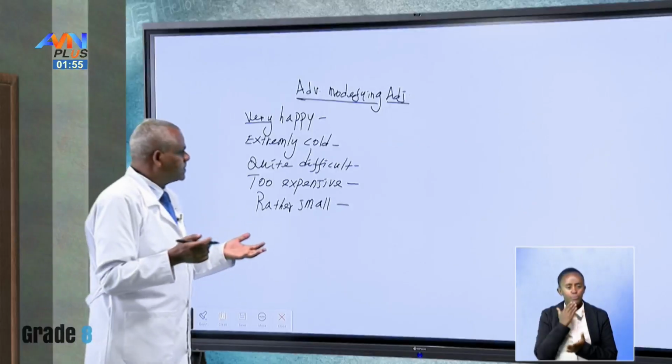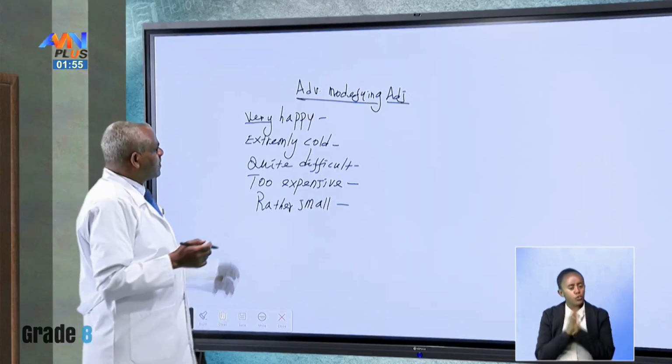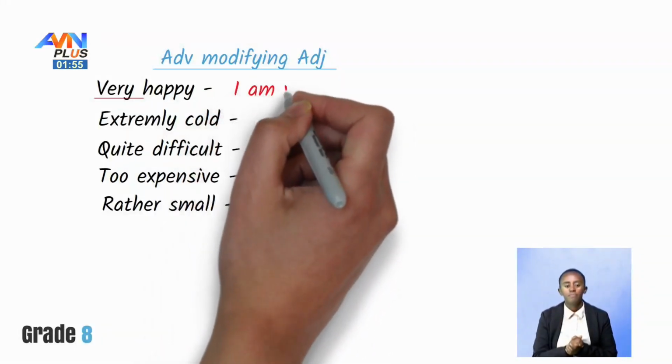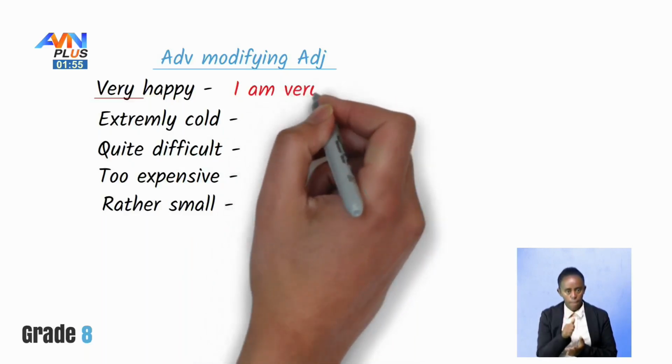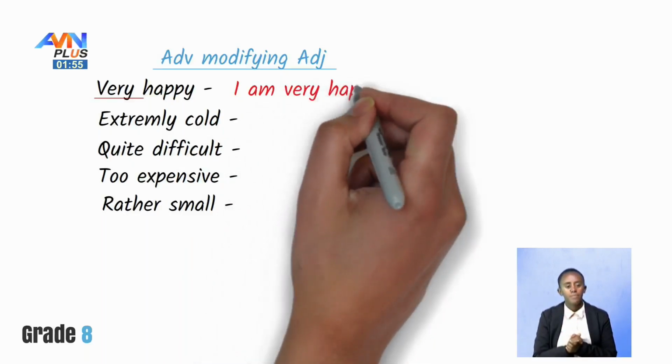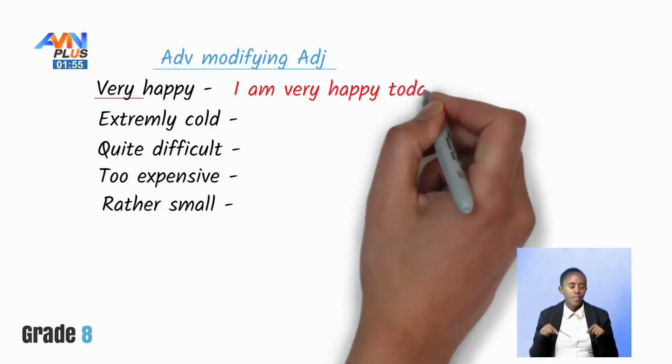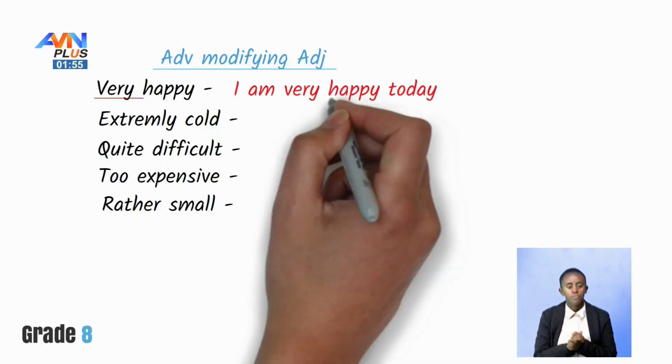Good. That's right. That's an interesting one. Very happy. Right? I am very happy today. You see? This is an adjective. This is an adverb.